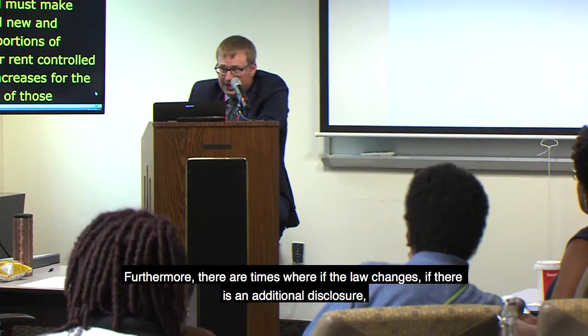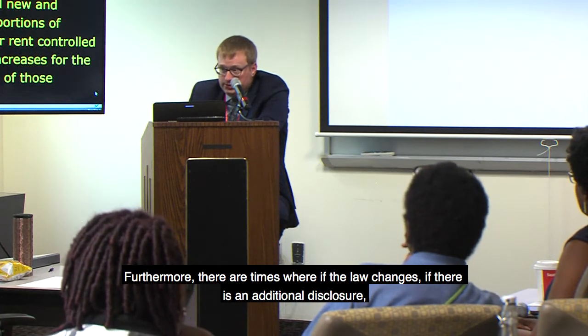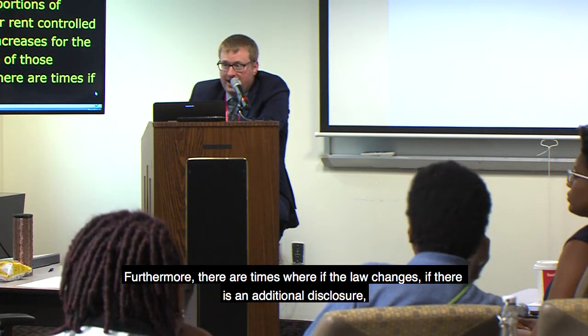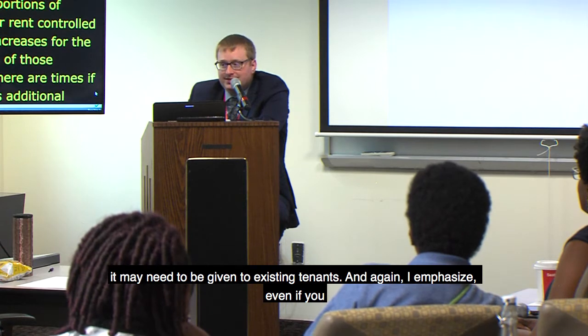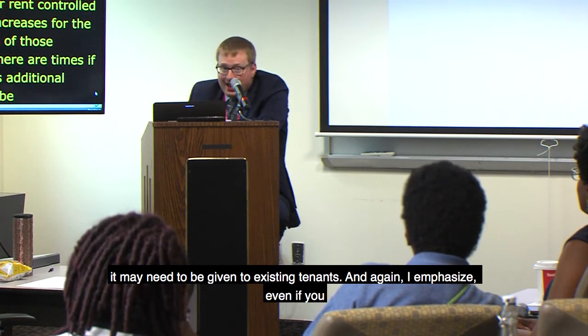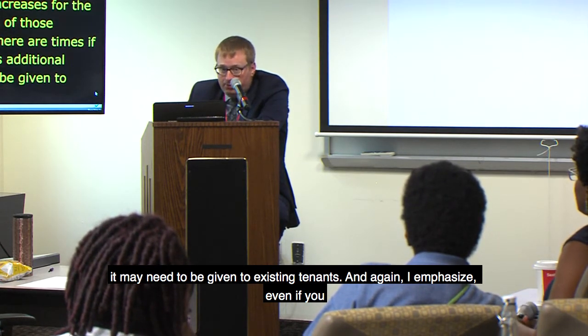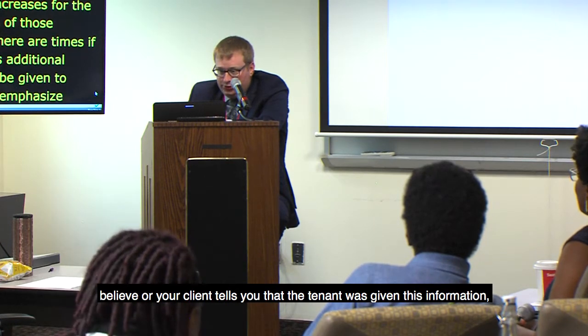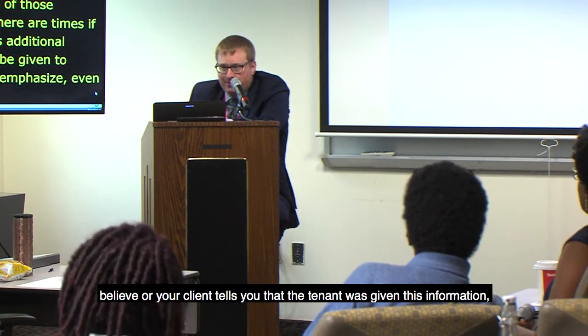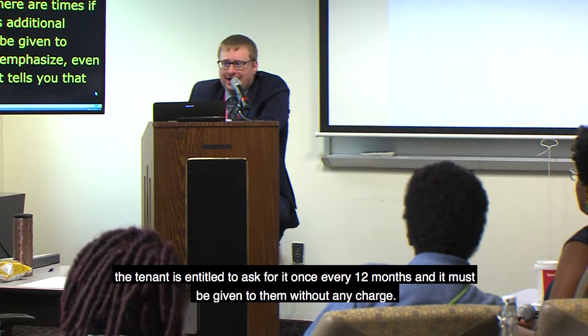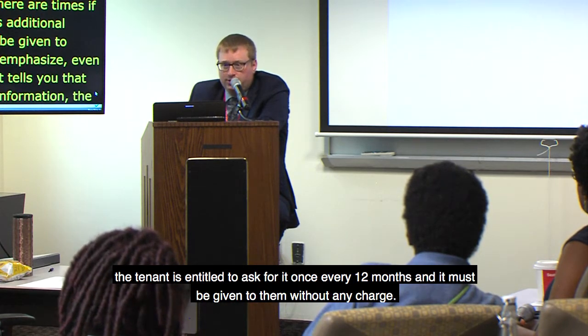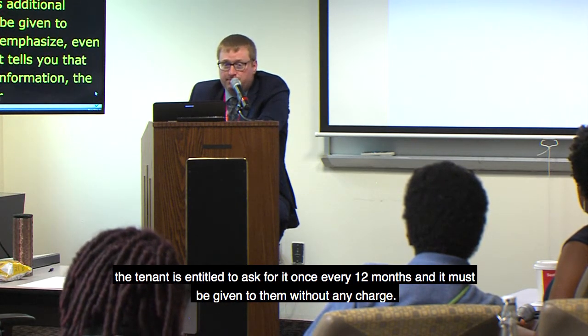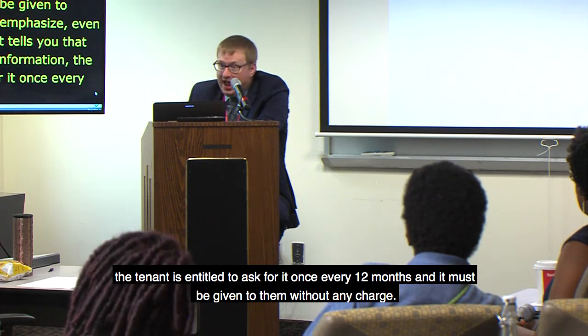Furthermore, if the law changes and there's an additional disclosure, it may need to be given to existing tenants. And again, I emphasize, even if you believe or your client tells you that the tenant was given this information, the tenant is entitled to ask for it once every 12 months, and it must be given to them without any charge.